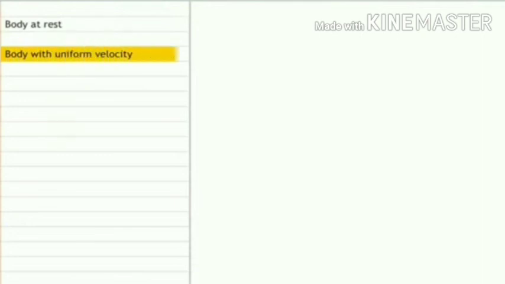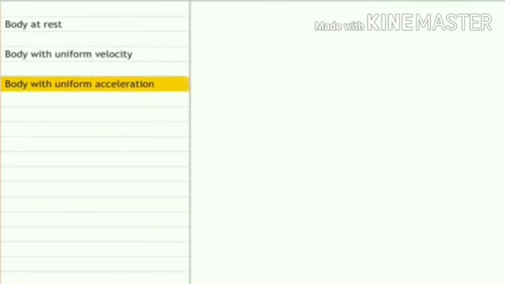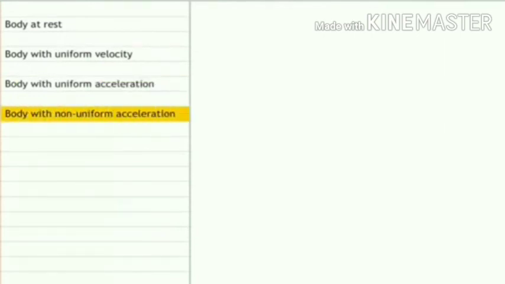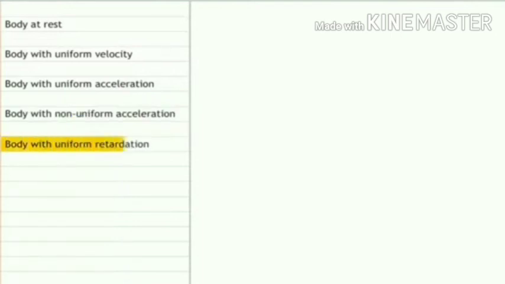Thus, in this next point, we are going to study three kinematical equations of the motion. That is the body at rest, body with uniform velocity, body with uniform acceleration, body with non-uniform acceleration, body with uniform retardation.